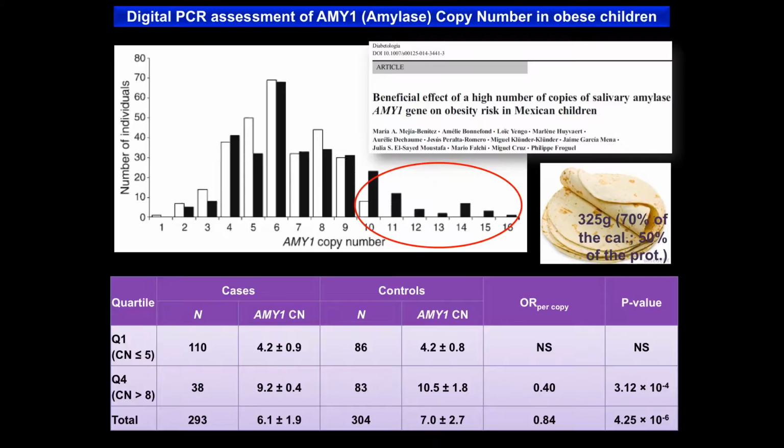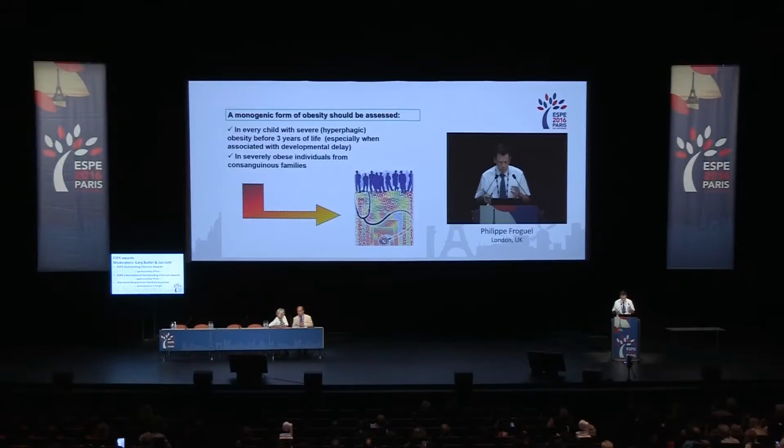There is a difference in the microbiome of individuals with high amylase copy number compared to low, and that's maybe why there is this kind of protection against obesity when you have a high number of copies. So let me finish with what we should do.